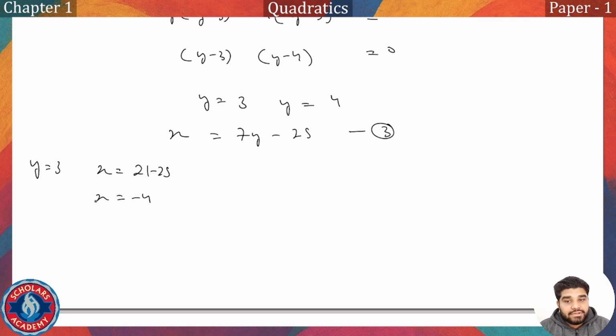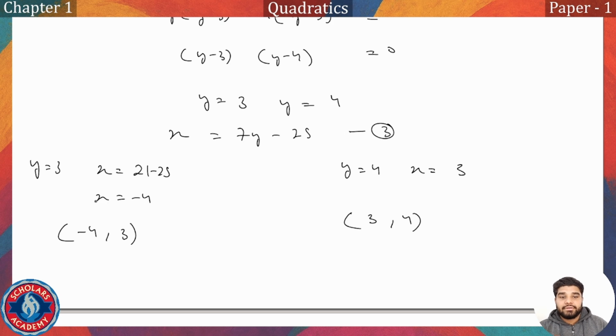And if I substitute y is equal to 4, I get x is equal to 7 times 4 is 28 minus 25, so 3. So my one coordinate is (-4, 3), and my other coordinate is (3, 4). I hope it is clear.